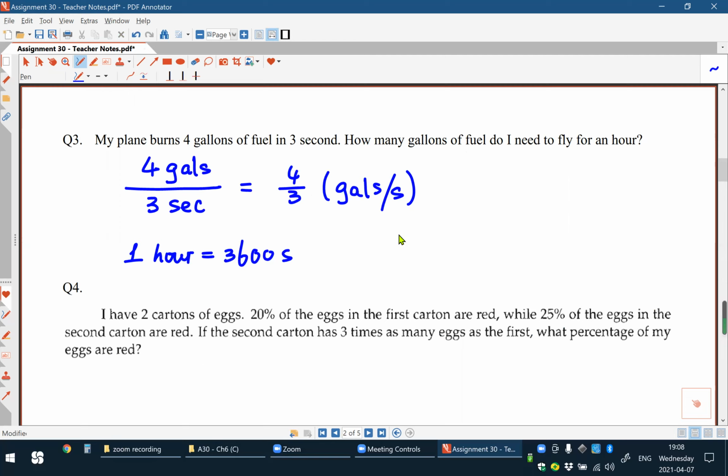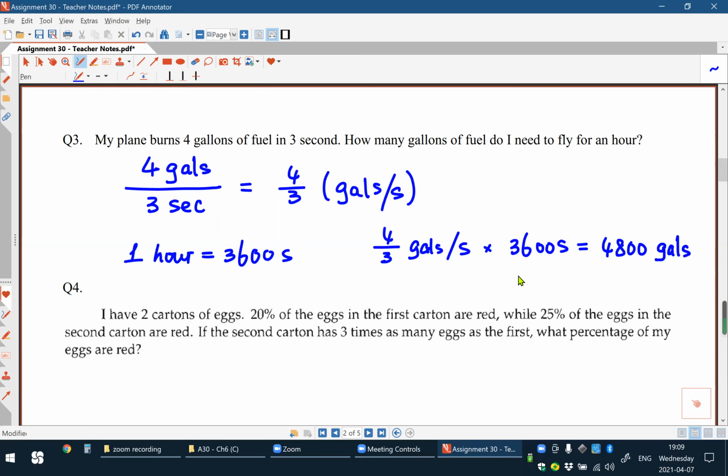So the total amount of fuel we need is 4/3 gallons per second times 3,600 seconds, which is 4800 gallons, right?